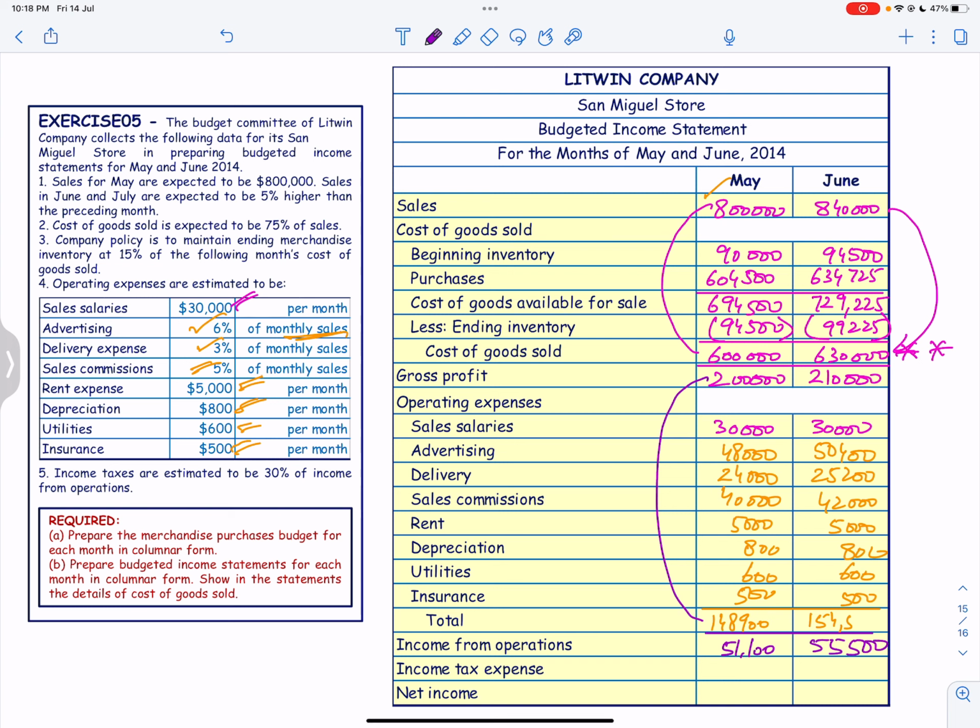From this we have to subtract the 30% taxes, that is 15,330 and 16,650. So this gives us a net income of 35,770 and 38,850.